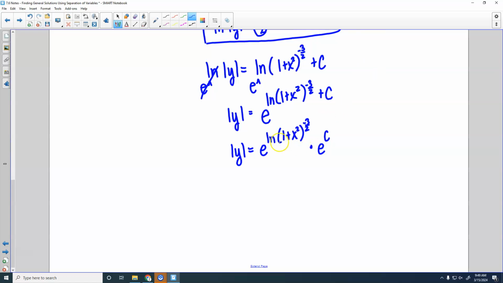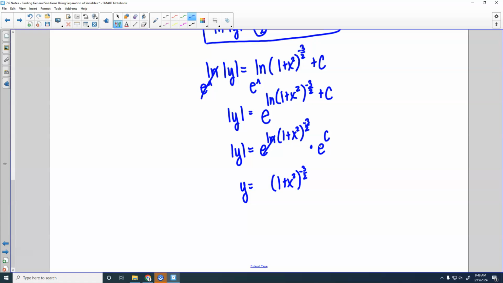Now, over here, the e's still going to be there. Well, kind of. We'll talk about that in a second. What about now for the e and natural log here? They can cancel now. So I've got y equals 1 plus x squared to the -3/2. Now, let's talk a little bit about e to the c.